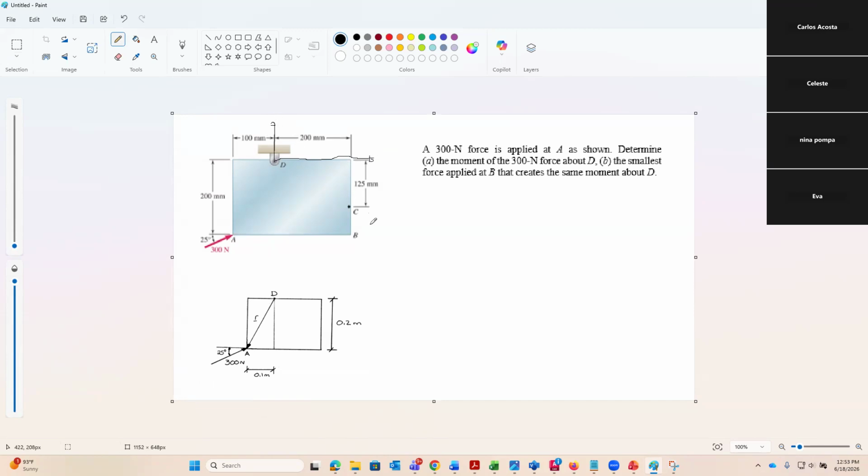All right, and then it's 0.2 meters, 0.1 meters, and then you just find R prime. R prime is just a geometrical determination: the square root of 0.1 squared plus 0.2 squared.